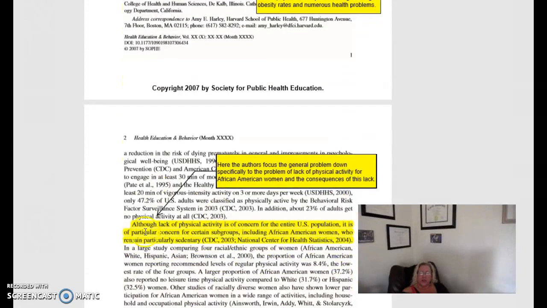Okay? So scrolling on down, it says here the authors focus on the general problem down specifically to the problem of lack of physical activity for African American women and the consequences of this lack. So a lot of times what I see is students have a very broad topic and you want to narrow it down.